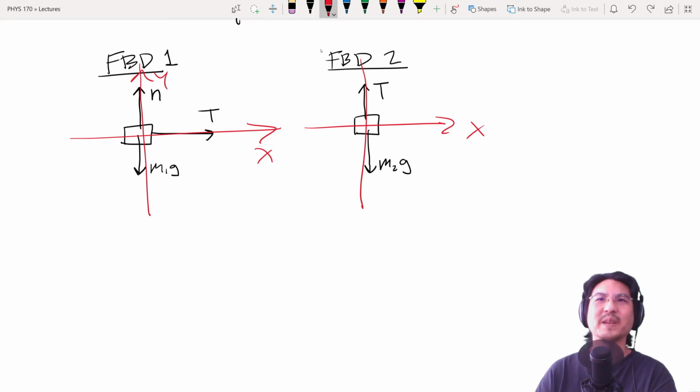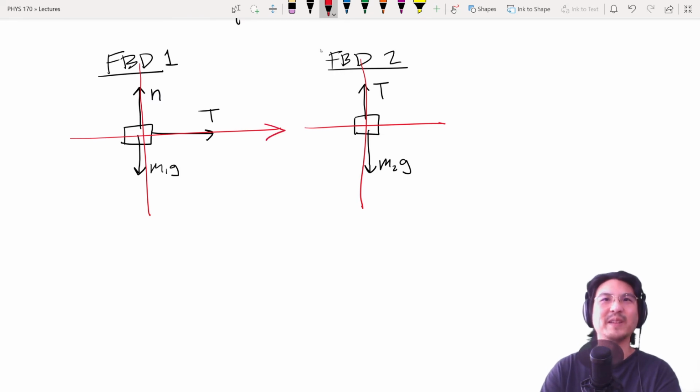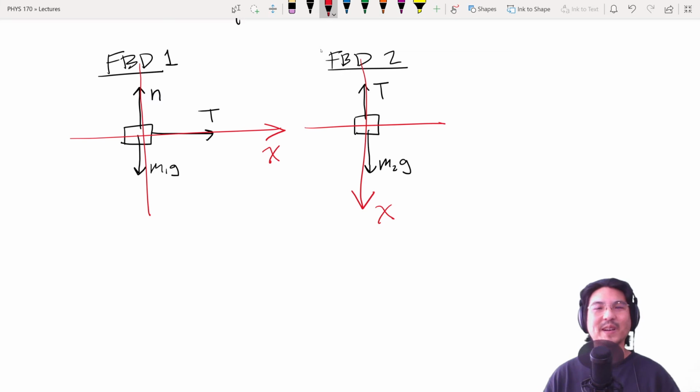But for me, I know that block 1 is going to go toward the right. So I'm going to pick a coordinate going positive to the right. And I know block 2 is going to go down. So I'm picking my axes so that they're both moving in the positive direction. And I'm even going to name them the same axis. Let's say X. So both blocks are moving in the positive X direction.